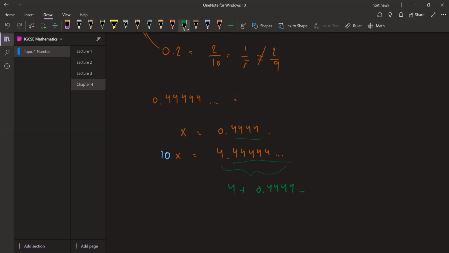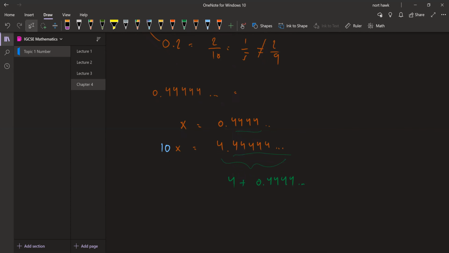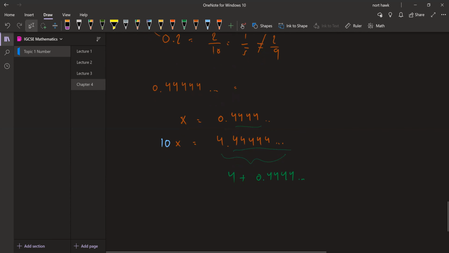It's just a 4 added to it, right? Now, since I already know that x is equal to that, I could subtract x from both sides. Now, this would become 9x, and this would become 4, right? Because x is 0.4444.